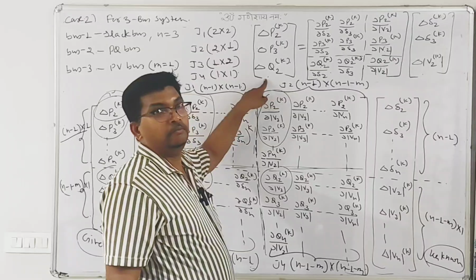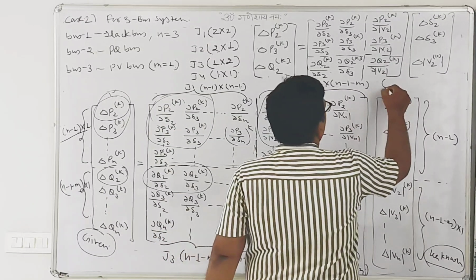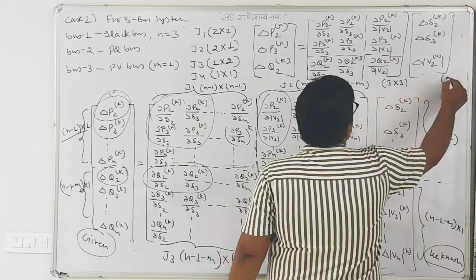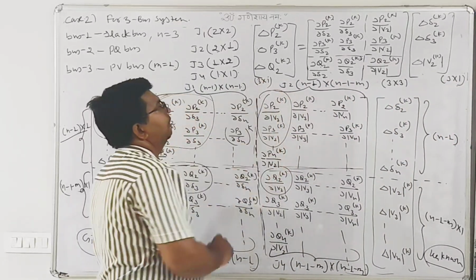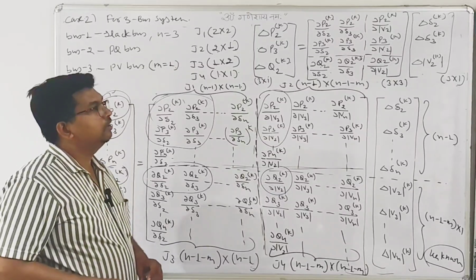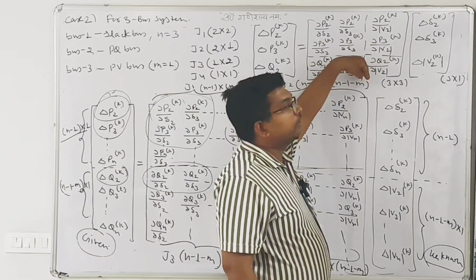That is our problem. And in this problem, the total size of the Jacobian is 3 cross 3. This is also 3 cross 1 and this is also 3 cross 1. It means we have to determine these 9 derivative terms for the first iteration.